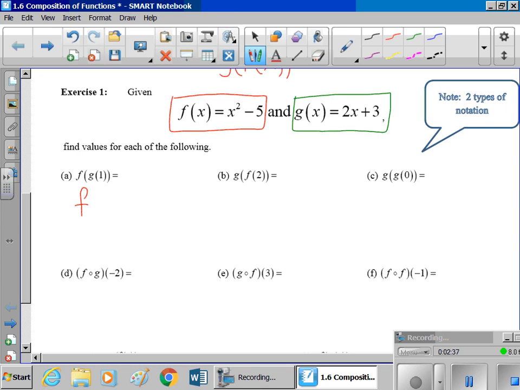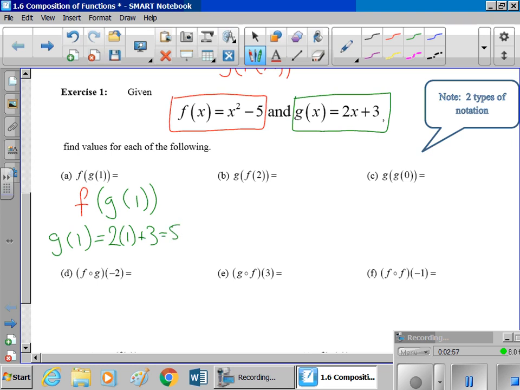So we're going to start with our g of 1 in the green. Basically what that means is we're going to put 1 into our g of x and get 2 times 1 plus 3, which is equal to 5.